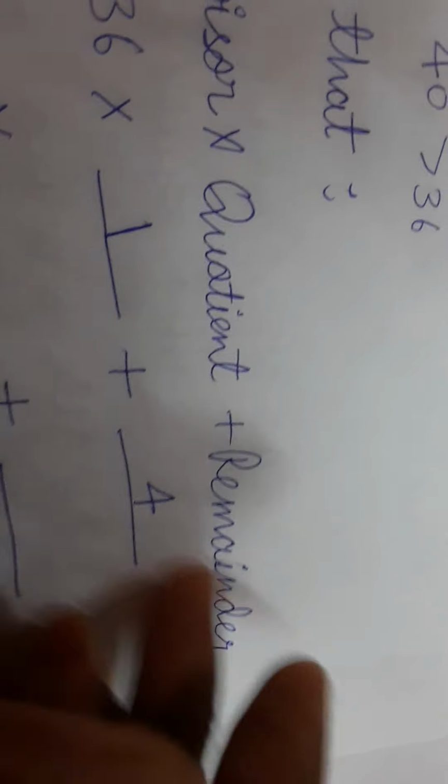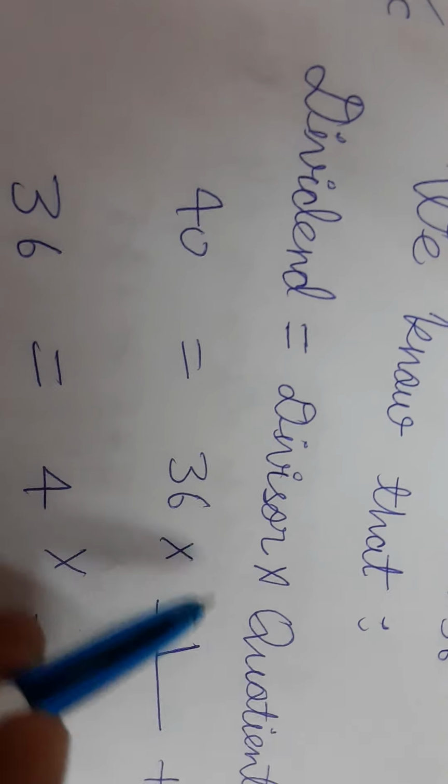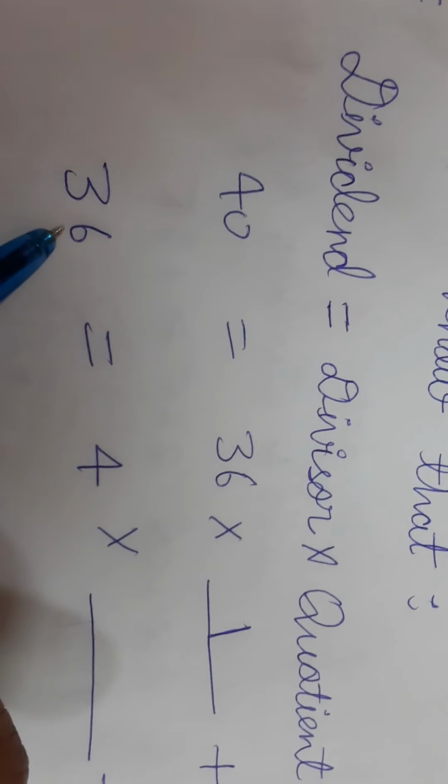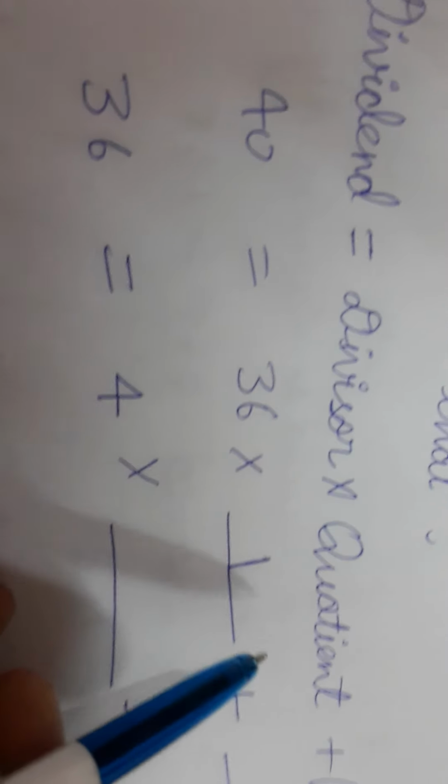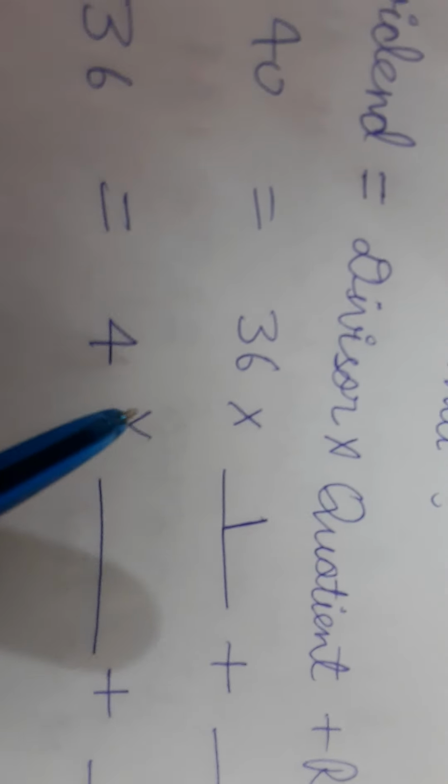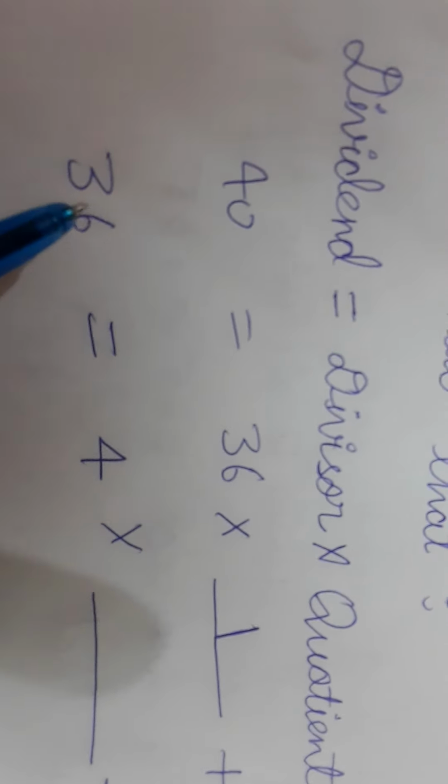and remainder is 4. Now I am putting the value of divisor to dividend for the next step, and the value of remainder I am putting to divisor. So now 36 becomes dividend and 4 becomes divisor.